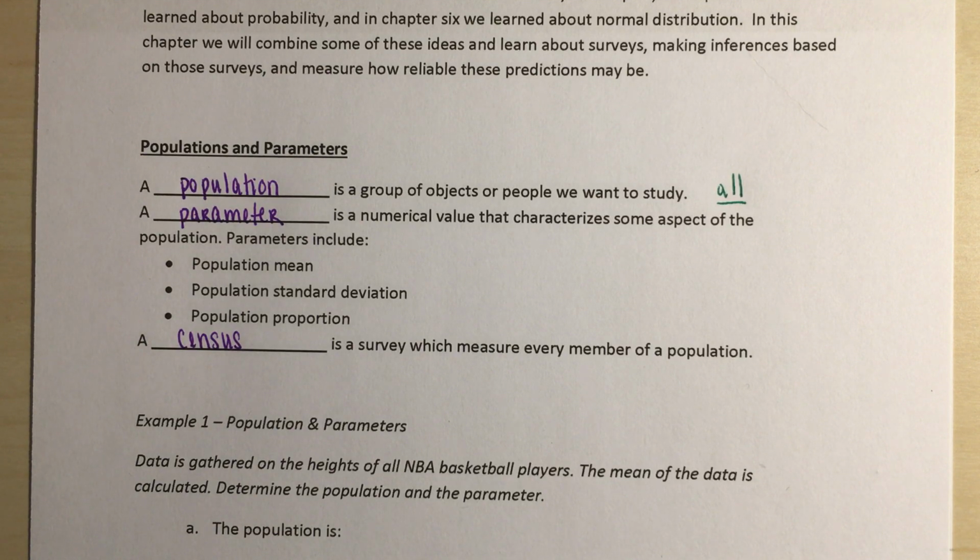Unfortunately, those are generally difficult to do. So a lot of times, we're going to be making estimations about our populations based on the definition at the bottom. So if we see the word population or parameter, again, we're thinking all, our entire group of objects or people that we want to study.